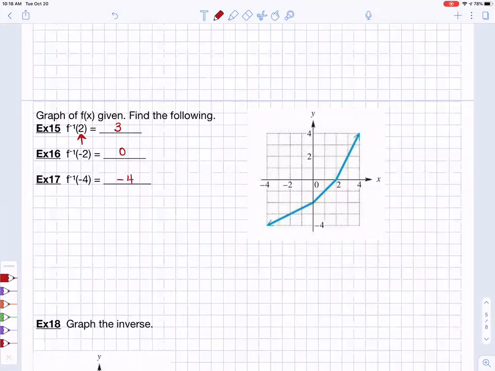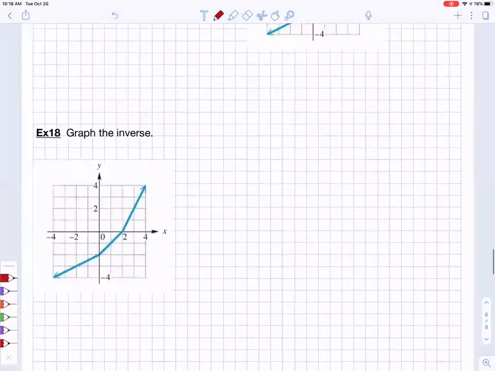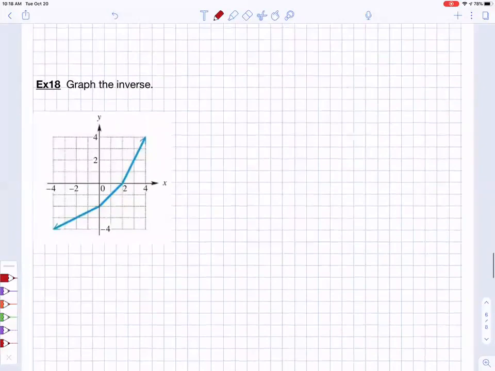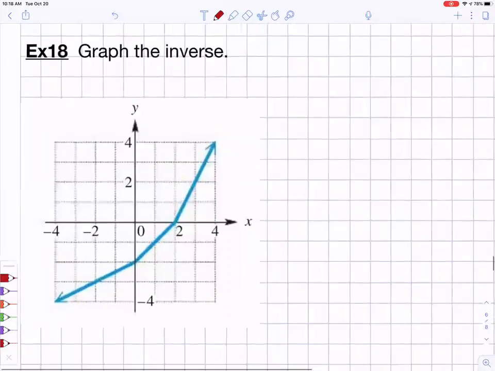All right, I want you to take number 18, and I want you guys to work together. I want you to graph the inverse. You're going to use interesting fact number 4. Graph the inverse on number 18.